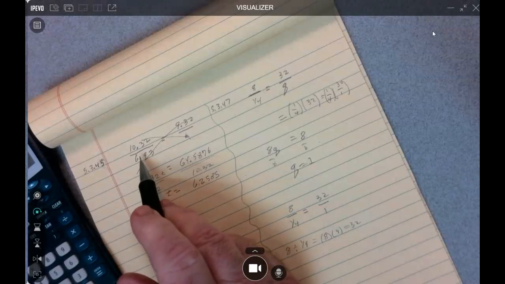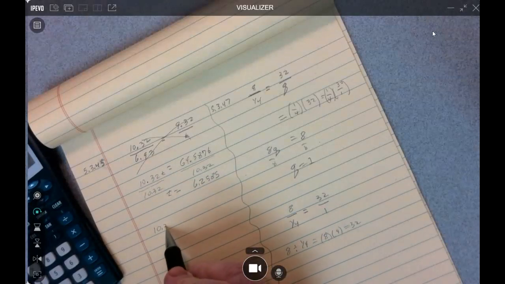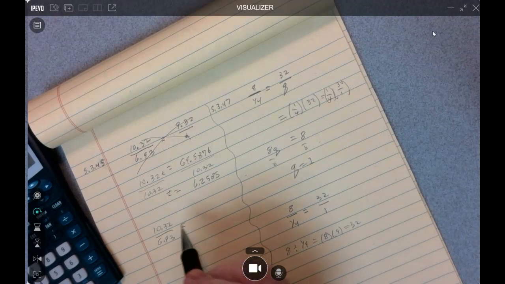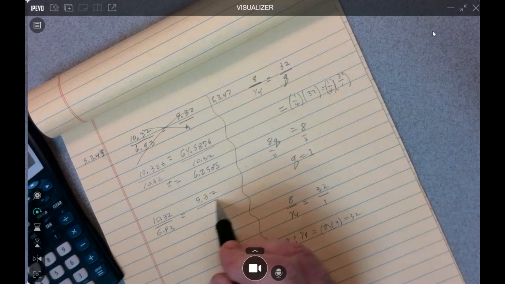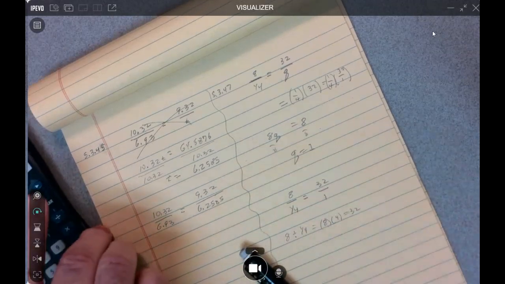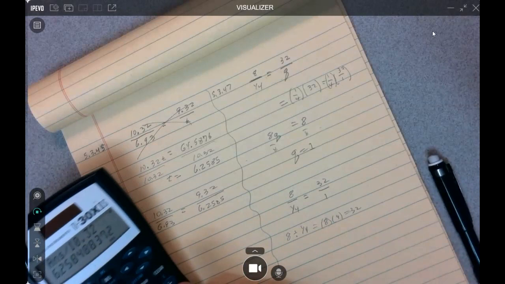What about this one? Well, this one's a little more involved, right? So this is going to be 10.32 divided by 6.93. Is that equal to 9.32 divided by 6.2585? Let's let the calculator do the brain work for us here a little bit.